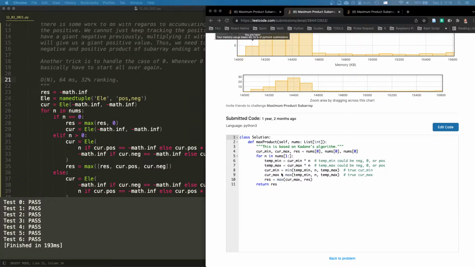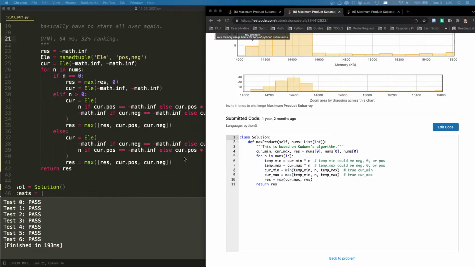Temp max, current min, current max. Ah, easier than how I was doing it. Okay, so I keep track of the current min, and I keep track of the current max, because the current min can become current max. Oh, all three of them.